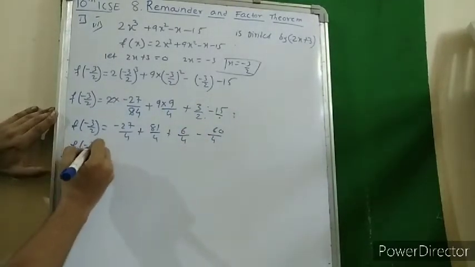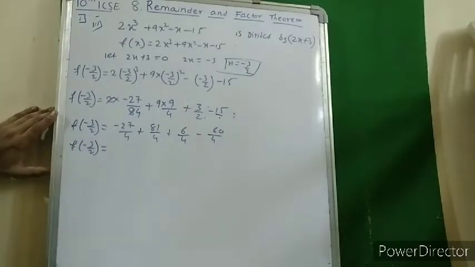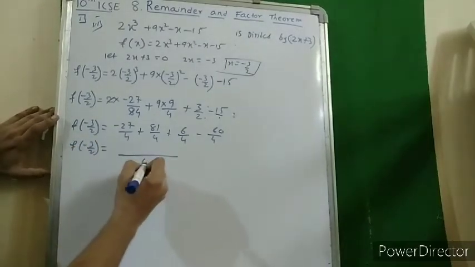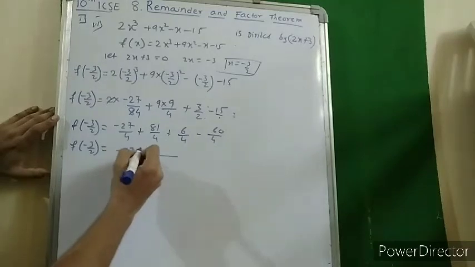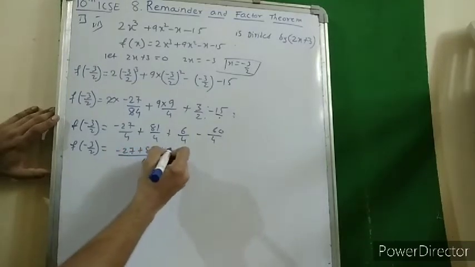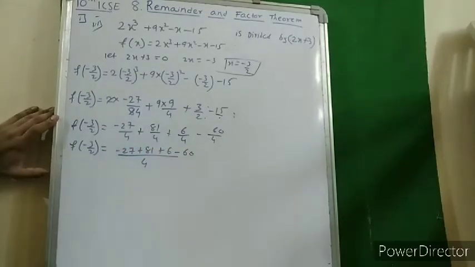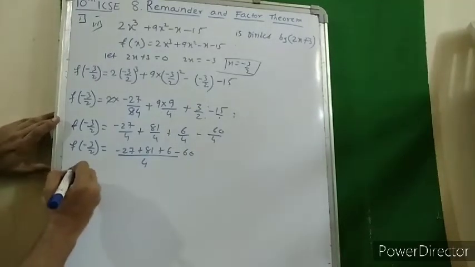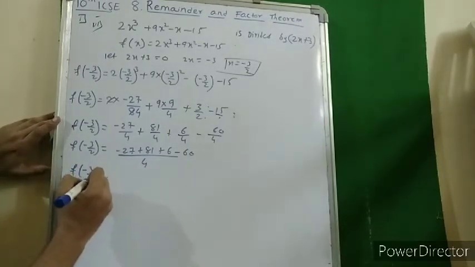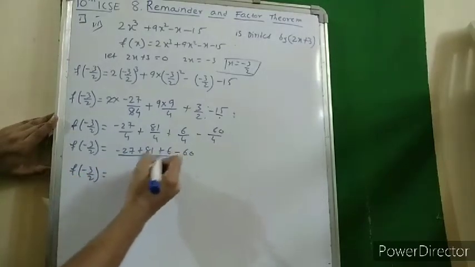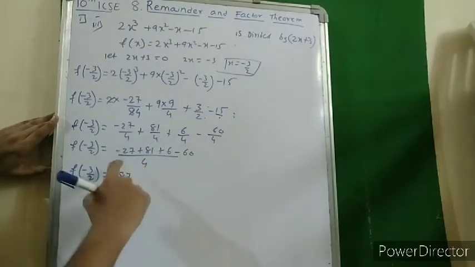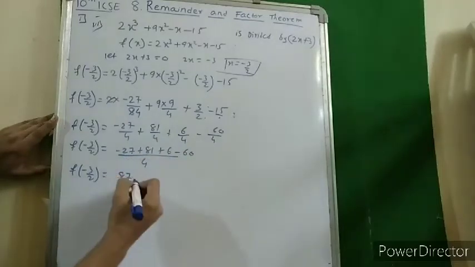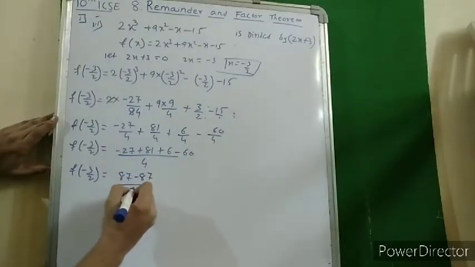The function of minus 3 upon 2 is equal to, all the denominators are same, so it is 4. We have minus 27 plus 81 plus 6 minus 60. Okay, I will try to add all the numbers which are positive and all the numbers which are negative. So I will have 81 plus 6, it is 87, and minus 27 minus 60 is minus 87 upon 4.